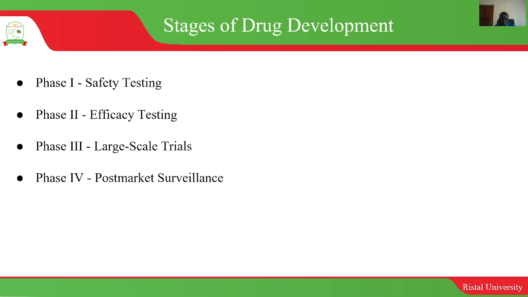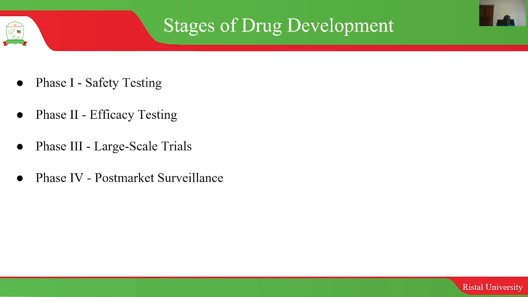Let's look at the stages of drug development. We have phase 1, phase 2, phase 3, and phase 4. Phase 1 is specifically about drug safety. It is dedicated to safety testing. How safe is this drug? And then phase 2 is about efficacy. How effectively does the drug work? Phase 3, now we go for large-scale trials to see how this works, randomized, in a large group of study subjects.